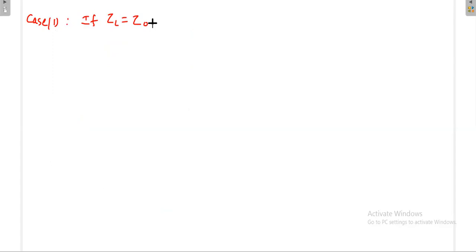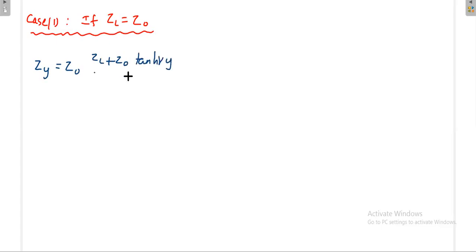So I should know both formulas. For the lossy line, ZY is equal to Z naught, ZL plus Z naught tanh gamma Y, divided by Z naught plus ZL tanh gamma Y. This is the condition for a lossy line.